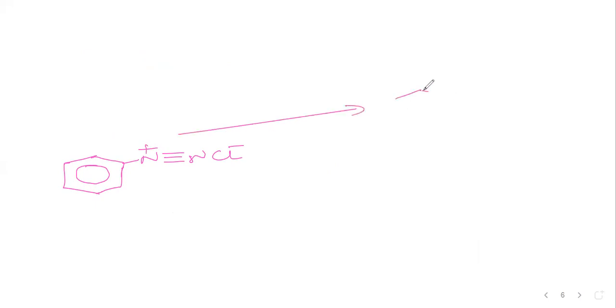So if I have the benzene diazonium chloride, it is this compound here. I have a negative charge and a positive charge there. And I want to convert it to chlorobenzene. This is called benzene diazonium chloride, or benzene diazonium salt.